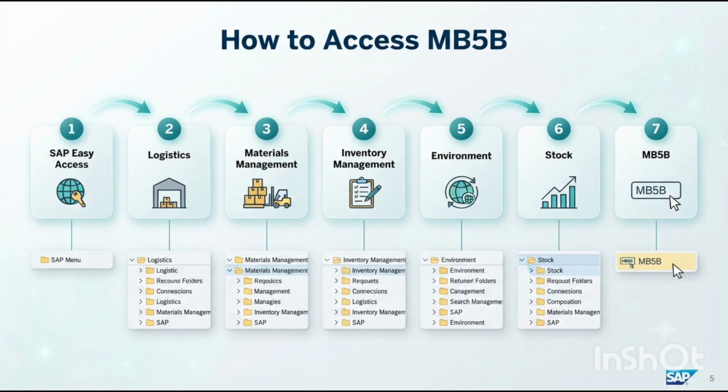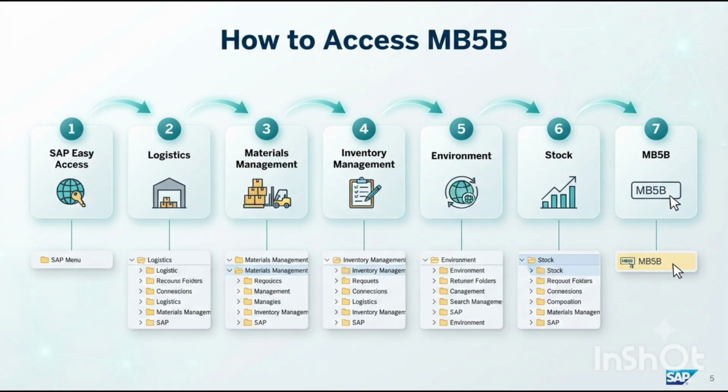This is the fastest way. Many consultants add MB5B to their favorites for quick access. The navigation path is important to remember during interviews and support projects. Once you are on the selection screen, you are ready to input your parameters.